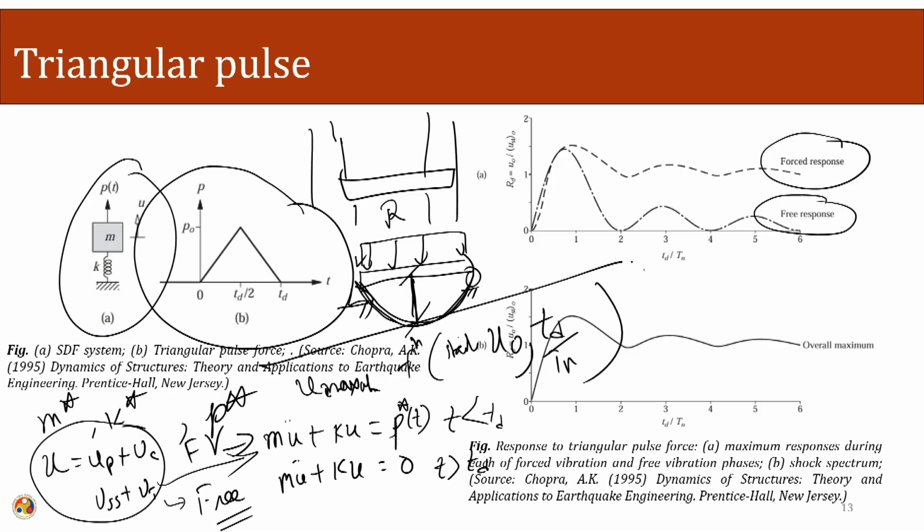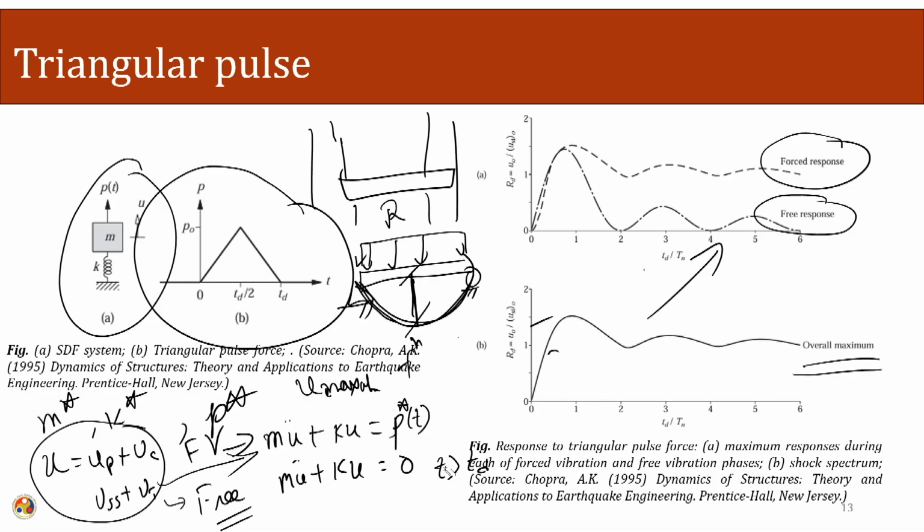So we plotted this function out here, and from there we can have the envelope which will give me the overall maxima response. Using this procedure we calculate the absolute maximum response of the system subjected to a triangular pulse loading, depending on the static response as well as the time period of the loading and the time period of the structure.